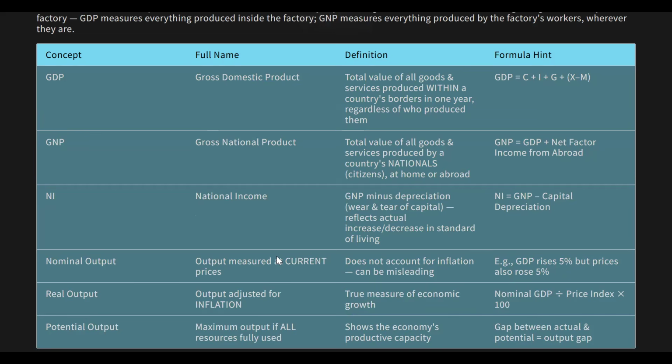In nominal output, I use the current year prices, which would have inflation in it, and that would be misleading. So instead of doing that, I use real output. When I use the same price for all the different years that I'm comparing, that will give me a more fair view of what actually happened.